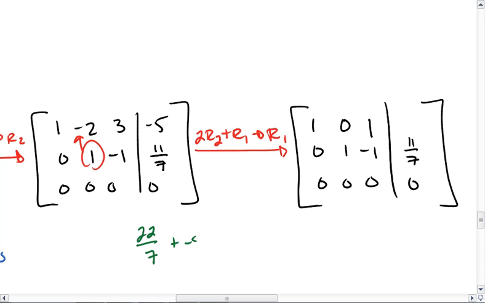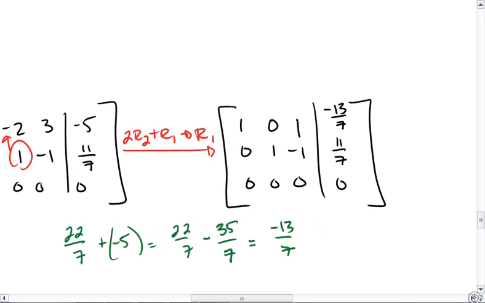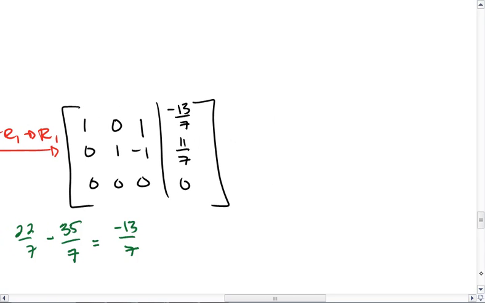We're going to add this to a negative 5, which is the same as 22/7 minus 35/7. 22 minus 35 is going to give us negative 13/7. So we get a negative 13/7 here. Take a moment to look at this matrix.